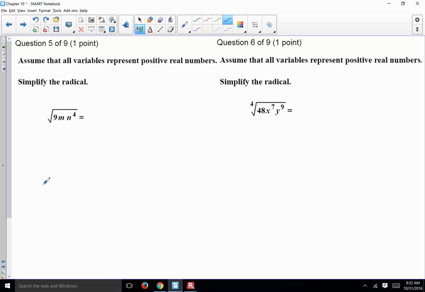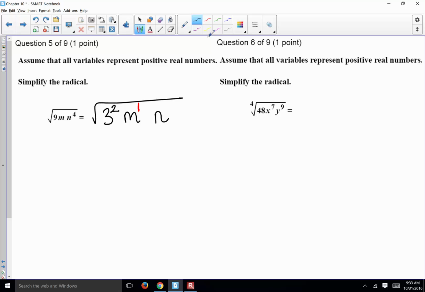First start with the number and break that number into powers, and this is an easy one, so you can do it right off the top of your head. What power can 9 be raised into? 3 with a power, squared. That's number 9. M already has an invisible power, which is 1.